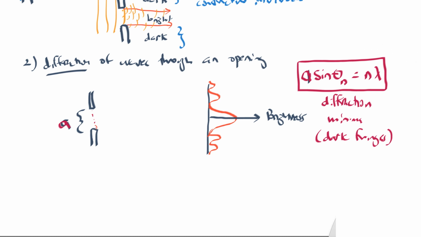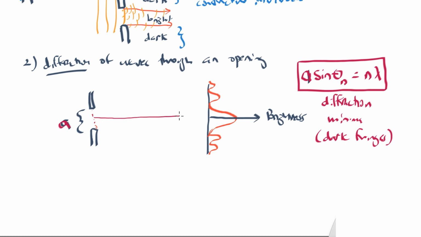So there are bright and dark fringes off to the side, so light doesn't travel strictly in a straight line. You get these other things, but they're very dim fringes. And the important thing to note is that, counterintuitively, as you make this slit narrower, you make A smaller and smaller, the angular locations, theta n, of these peaks spread out more and more.